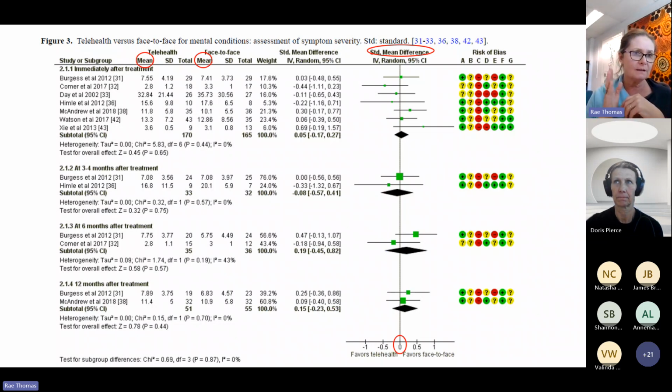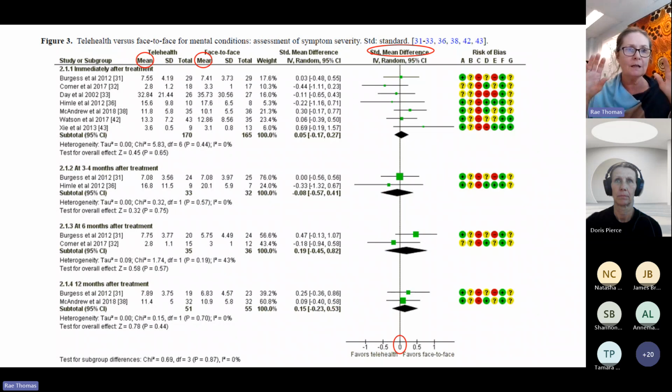Down here, there are two things it can be. See this one here I've circled in red? It says 0, right? Now, the reason it says 0 here, and it's the line of no difference, is that this is what's called a mean difference. Okay, so they've had a look at the mean difference between two groups.